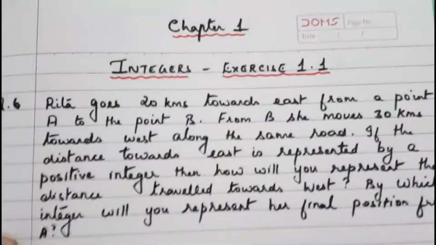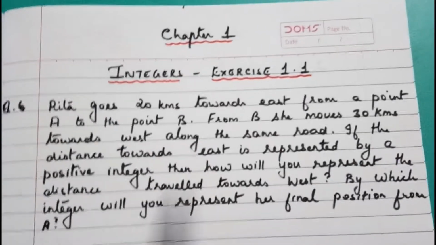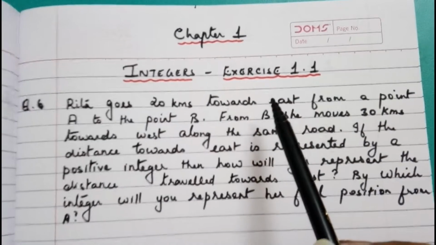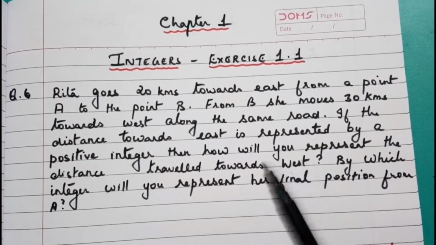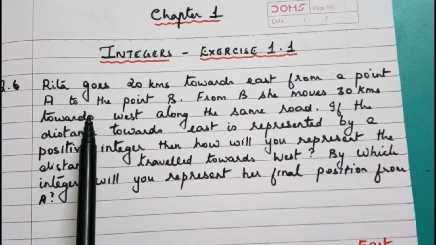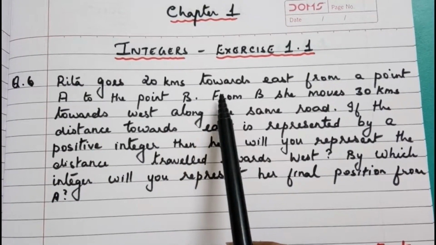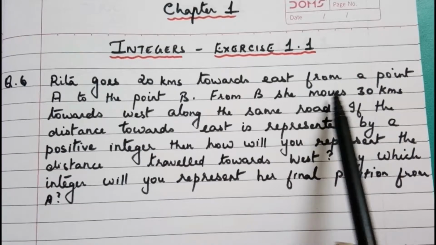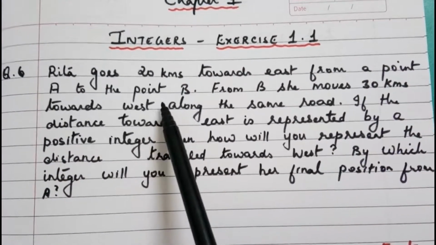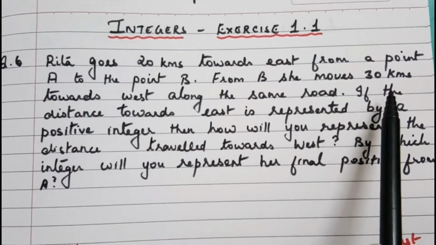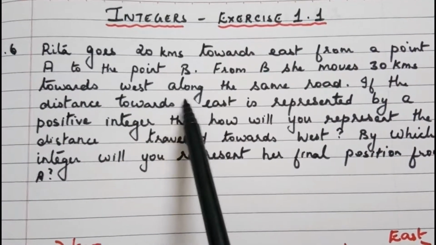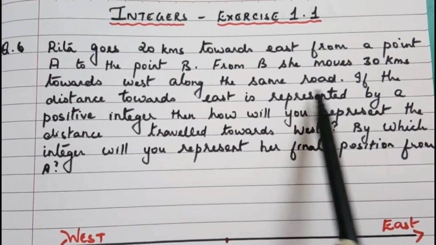Now let's start with question number 6, Integers, exercise 1.1 from chapter 1 of Maths book. Rita goes 20 kilometers towards east from a point A to the point B. From B, she moves 30 kilometers towards west along the same road.